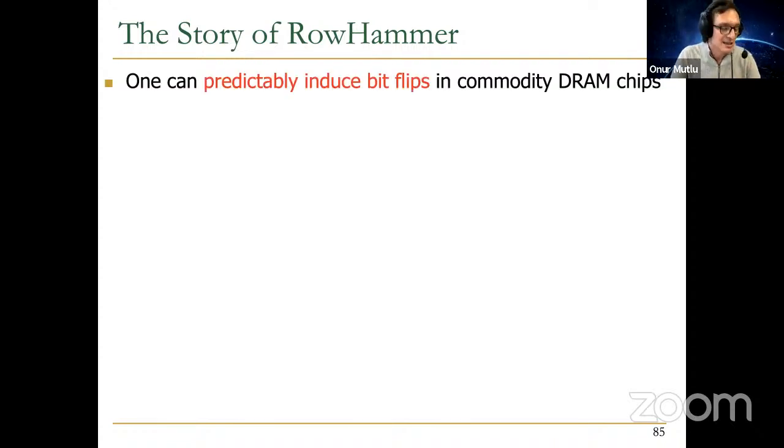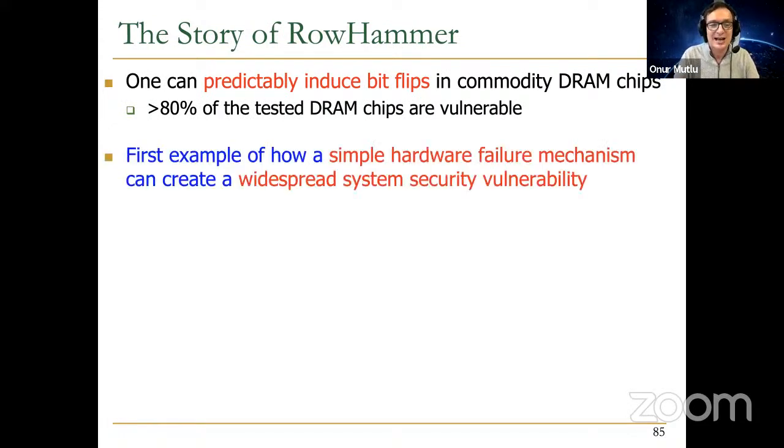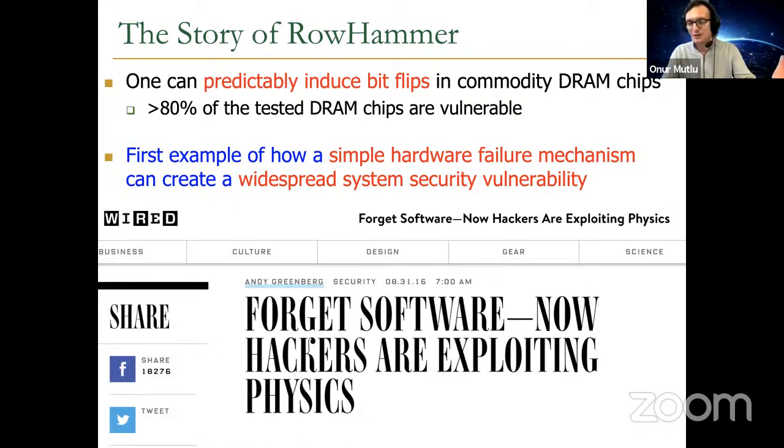But essentially, Rowhammer is a phenomenon where you can predictably induce bit flips in commodity DRAM chips. At the time we tested these chips, more than 80% of the tested DRAM chips were vulnerable to this. This is really the first example of how a simple circuit level hardware failure mechanism can create a widespread system security vulnerability. Folks are writing more popular articles that say, forget software, now hackers are exploiting physics.